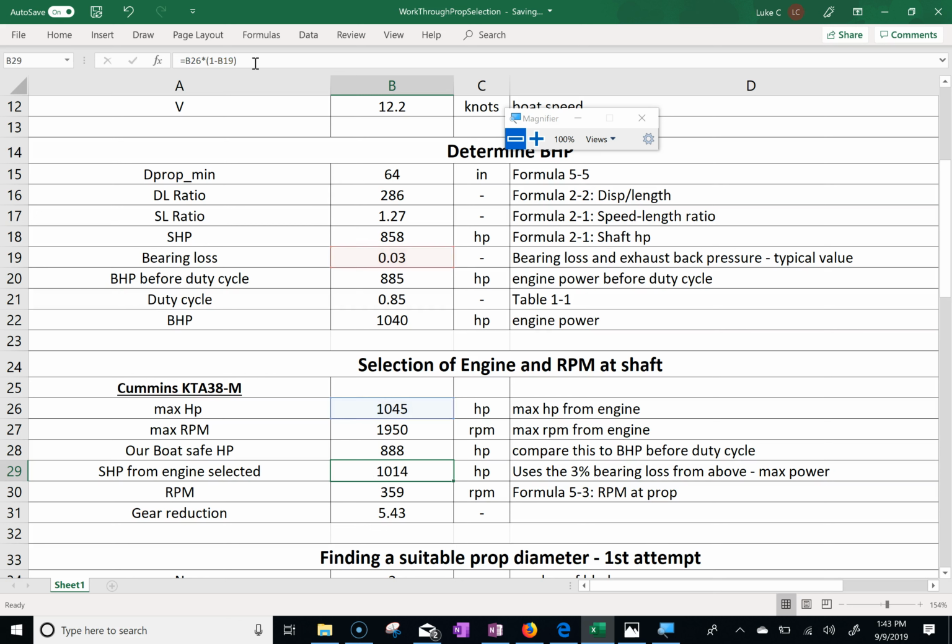Sorry, make sure everyone got that. Everyone get 888? We just take the max HP and we multiply it by the duty cycle.